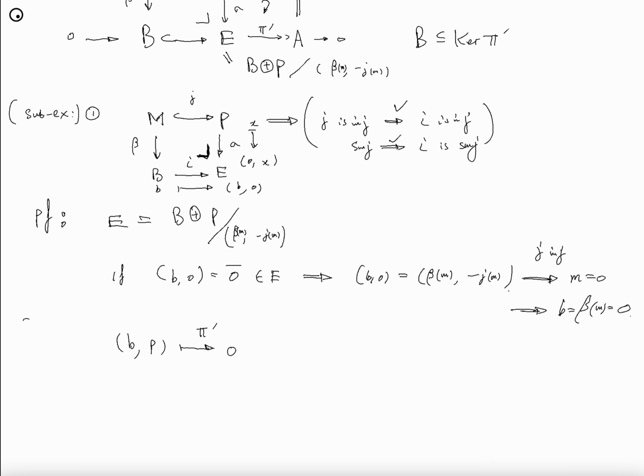The question is that there exists some element B prime mapped to this (B,P).